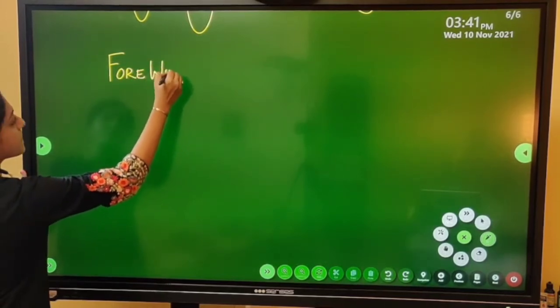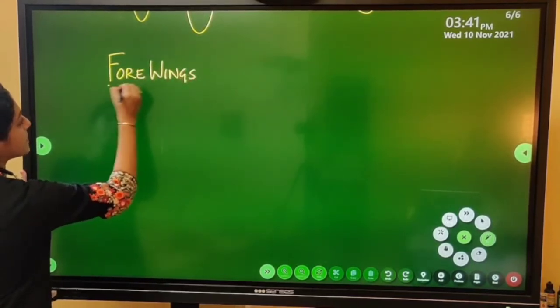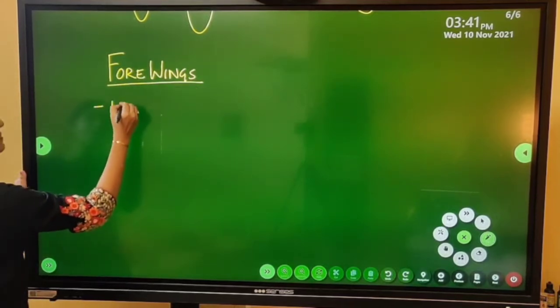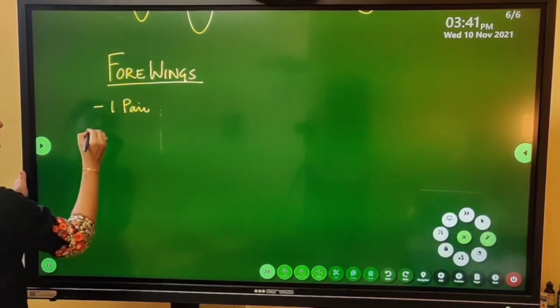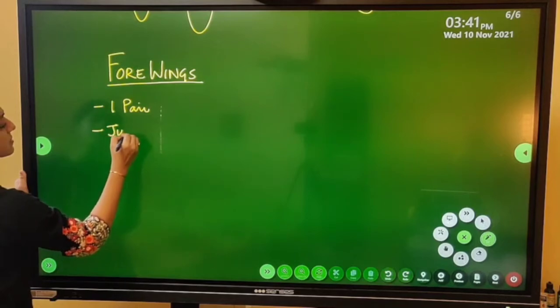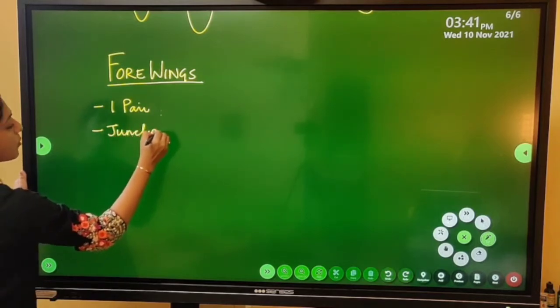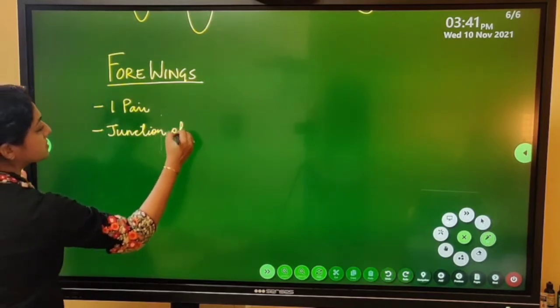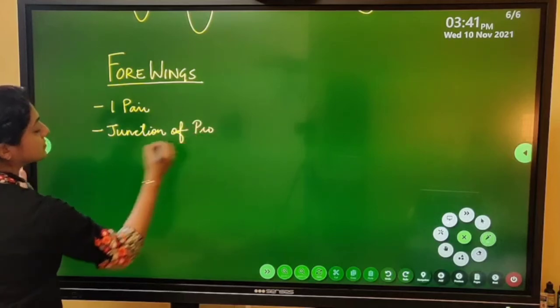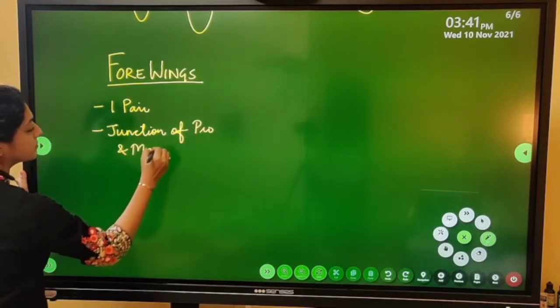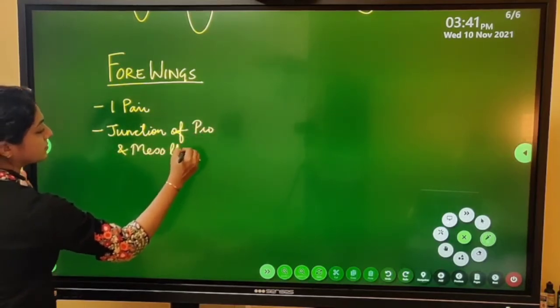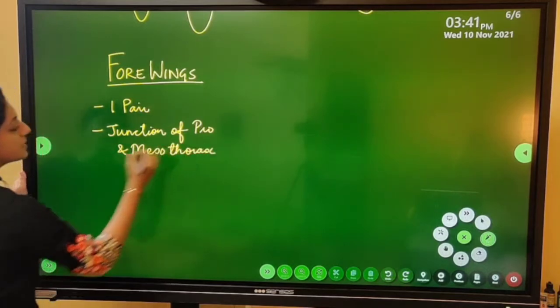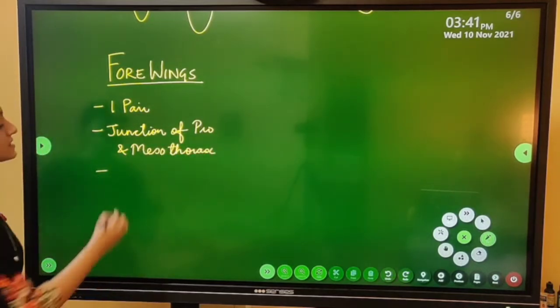One pair. They are from the junction of pro and mesothorax. Then these are big.